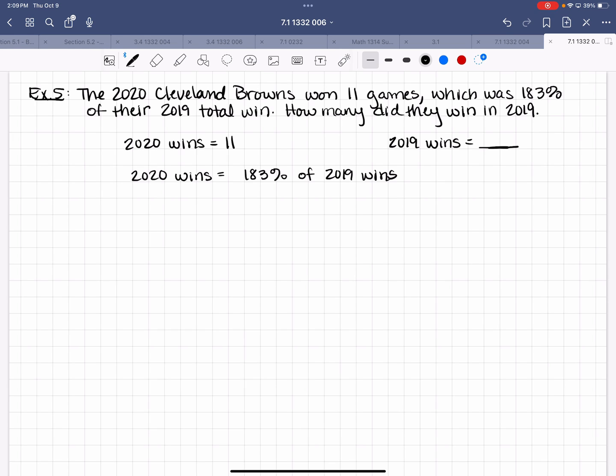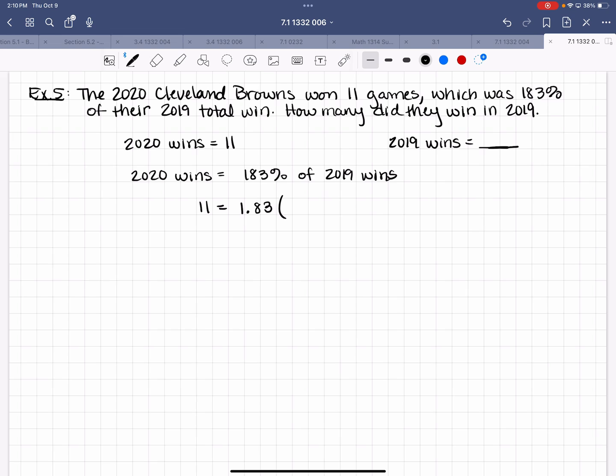So now we just fill in the numbers and turn it into math. The 2020 wins are 11, so I've got 11 equals, and I change that 183% into a decimal, which gives me 1.83. Of means multiply.